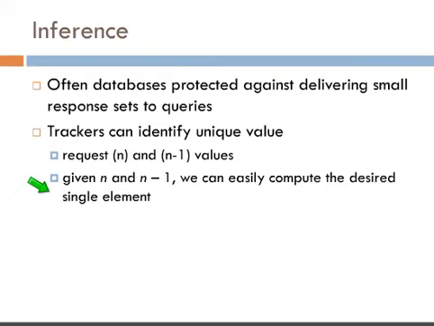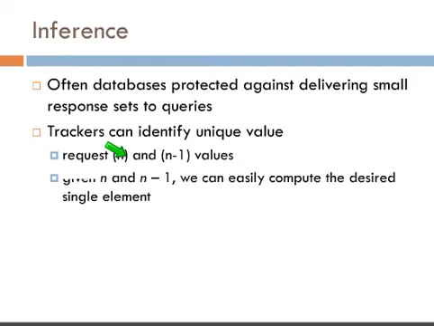Trackers can identify a unique value. For example, request n and n-1 values. Given n and n-1, we can easily compute the desired single element.